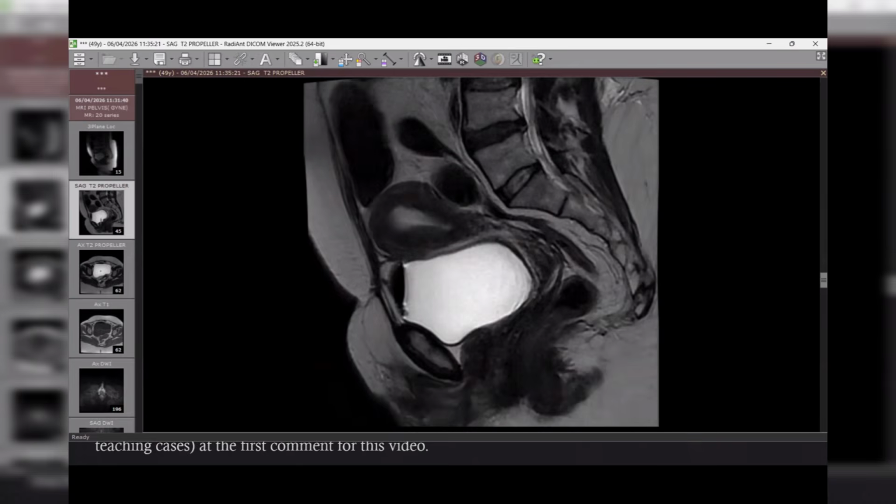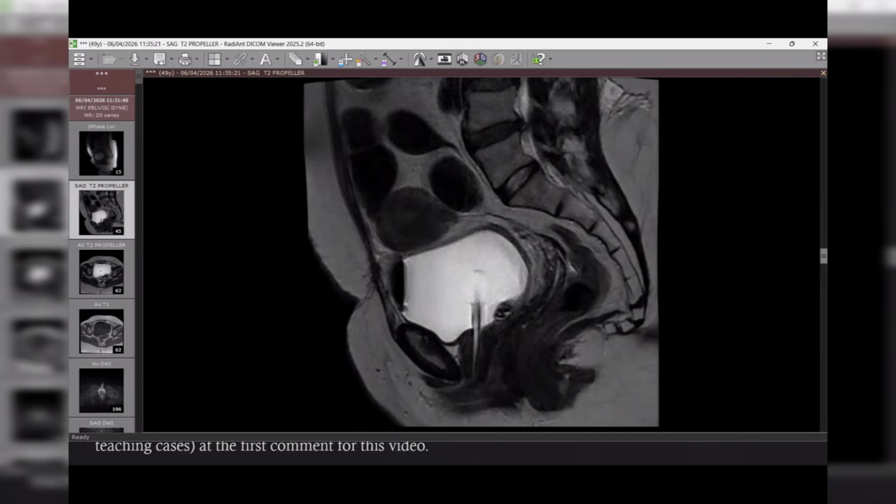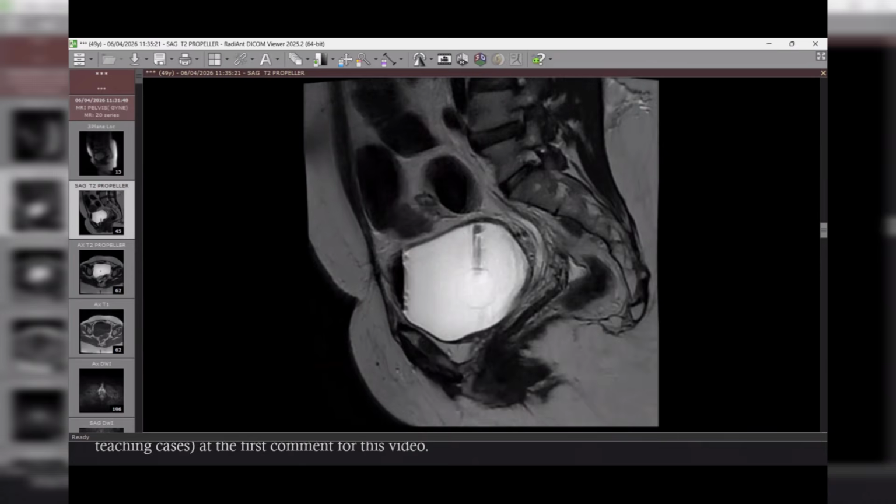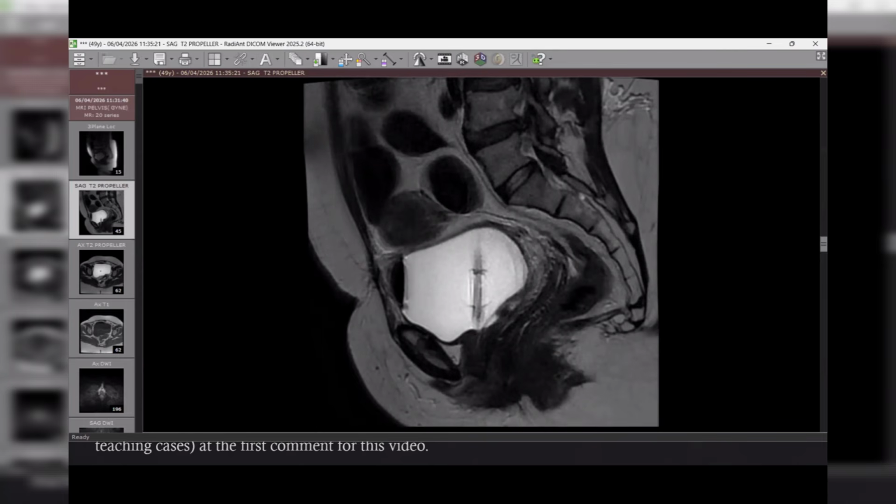But really, he didn't find any hematoma in the urinary bladder. Okay. I can see that the wall of the T2 hypointense bladder muscular layer is not continuous at the site.